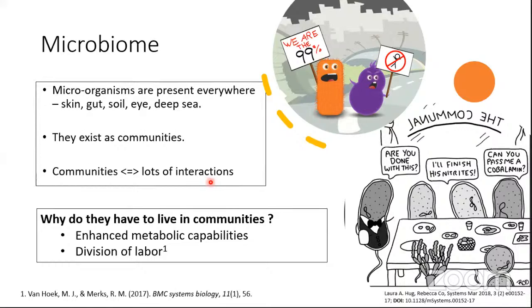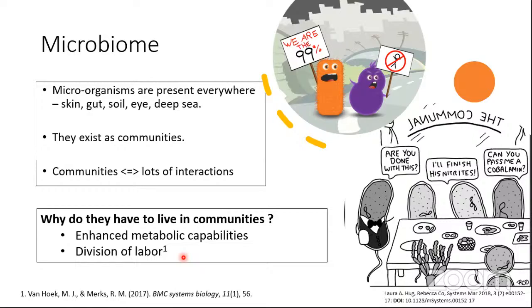So why do microbes have to live in communities? There are a lot of advantages in living in communities, such as a division of labor, so that every individual does not have to do every job. The job is shared between all the microbes.